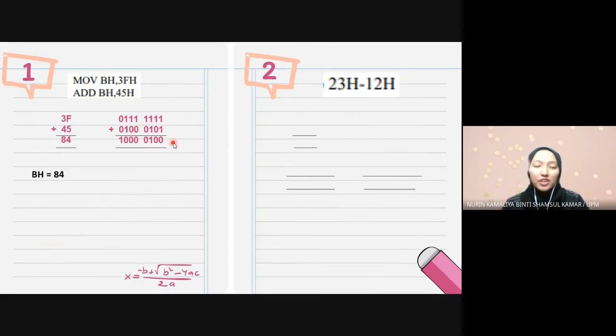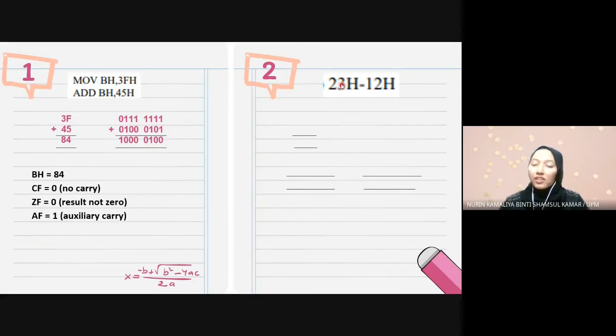So the BH result is 84. The carry flag is 0 because there is no carry from D7 to D8. The zero flag equals 0 because the result is not all 0. And the auxiliary flag equals 1 because there is a carry between D3 and D4.